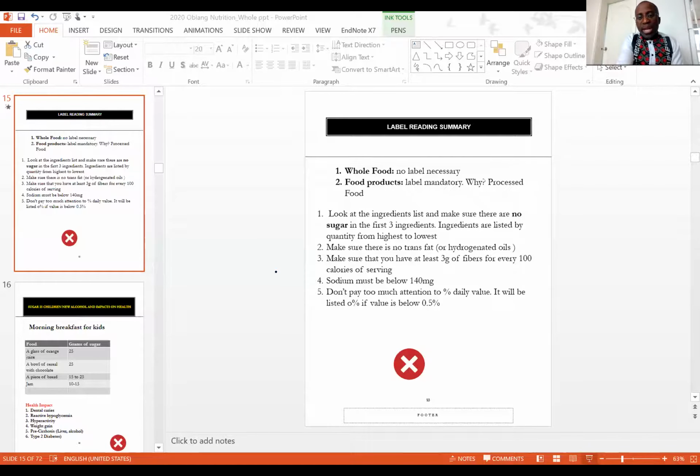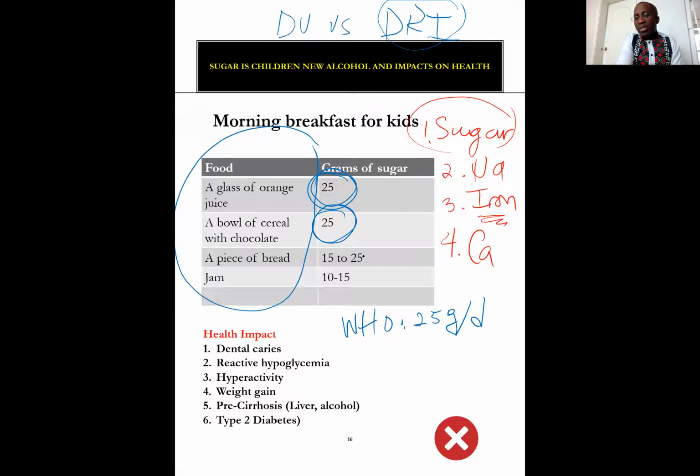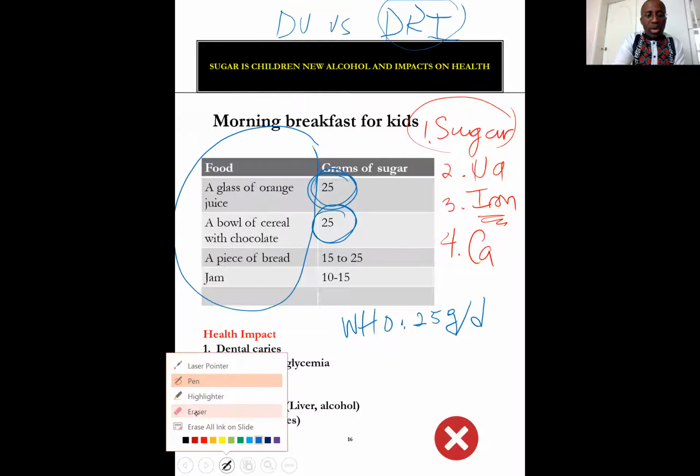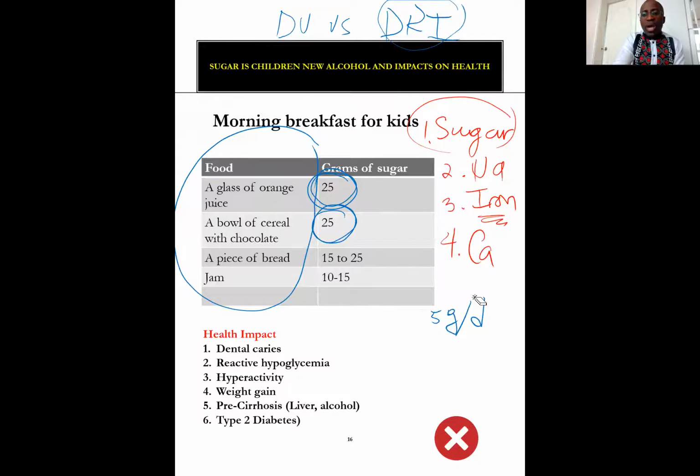A piece of bread has 15 to 25 grams of sugar. Jam has 10 to 15 grams of sugar. So we are actually eating a lot of sugar. What did we learn in chapter 1? In chapter 1, we know that sugars are part of the carbohydrates.